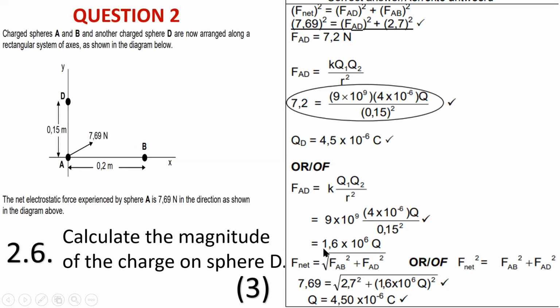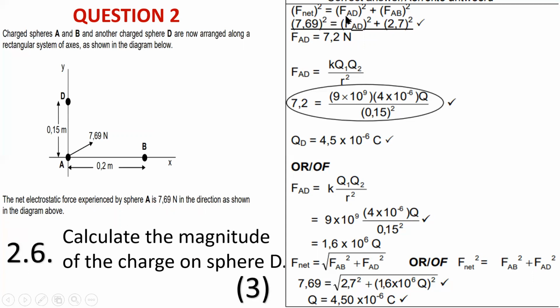Yeah, almost the same solution. You are calculating in another way, you are starting with FAD, and then you are putting FAD there. It's the same process. So you are just calculating the charge on the sphere by using this vector formula, vector quantity, calculating the total vector.